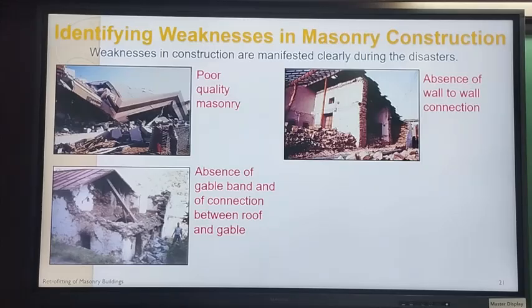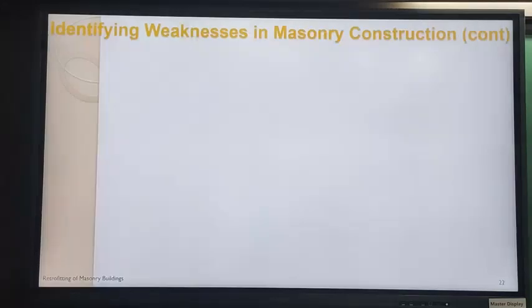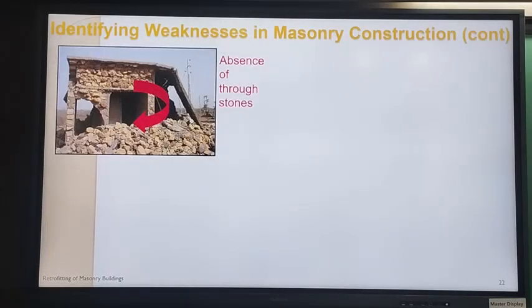So after seeing several buildings, it tells you what to expect, and based on that you prepare your action plan: these are going to be the major weaknesses, and there will be retrofitting features for each one of them. Some more examples: delamination, basically lack of interlocking in a rubble wall between the two faces of the wall.